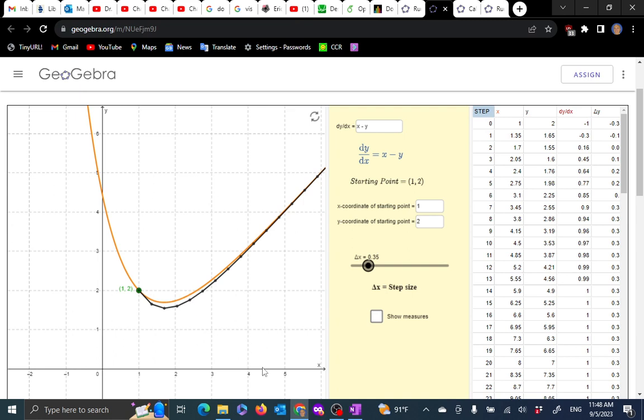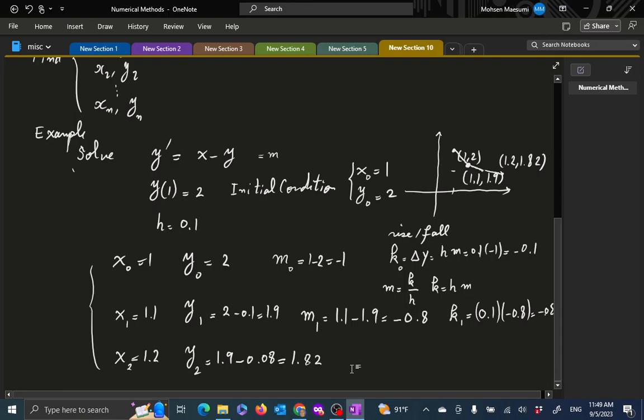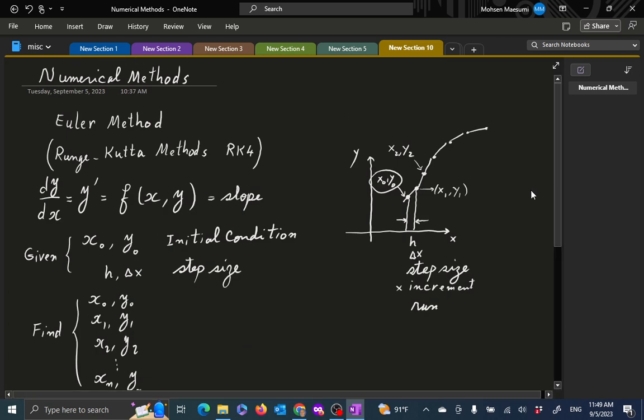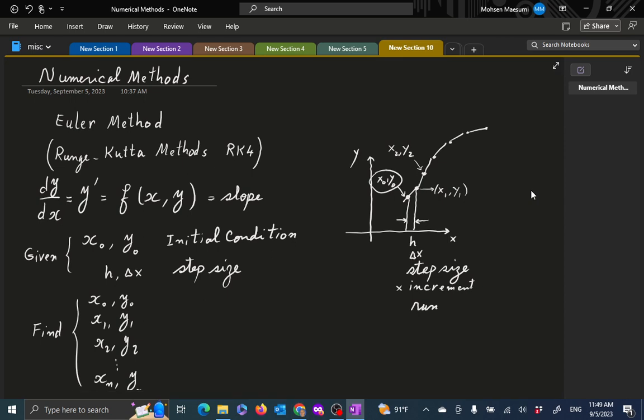Okay, so that is essentially what we have to say here. Remember, what we are achieving here is a numerical or approximate solution. We don't get any formula as to what the solution looks like. We just get a table of numbers.